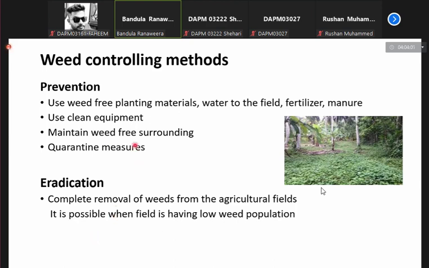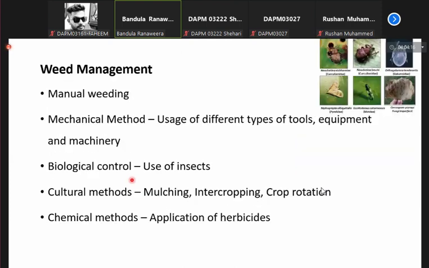So these actions are actually control methods. That means direct action to reduce establishment in the field, or direct actions to remove from the field, eradication. Then the methods of weed management. Now, what are the differences between them? It is better to have this cleared before going into the management methods.